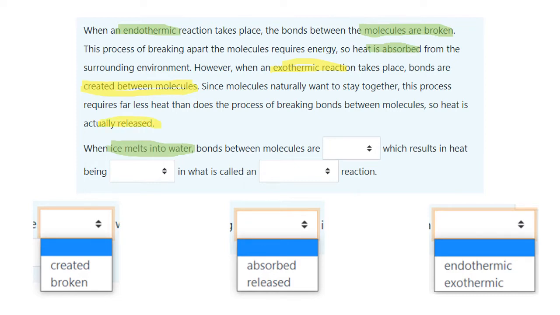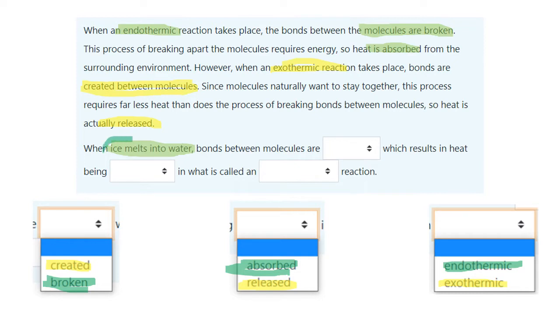So we can see that exothermic will be with the idea of creating the links and heat being released. Or we can have an endothermic reaction where heat is absorbed and the bonds are broken.